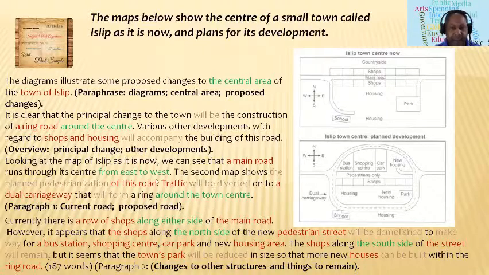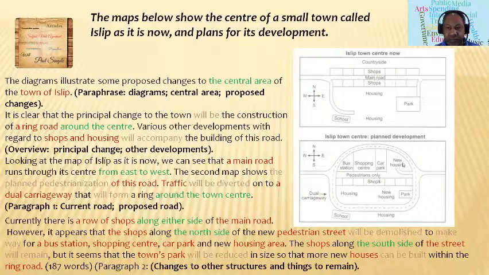So we begin. Looking at the map of Islip as it is now, so that's a clear indication to begin with. We can see that a main road runs through the centre from east to west. There's your map, remember? The second map shows the planned pedestrianisation of this road.